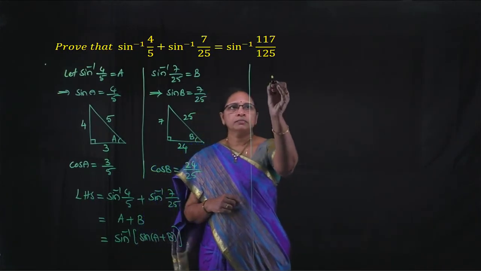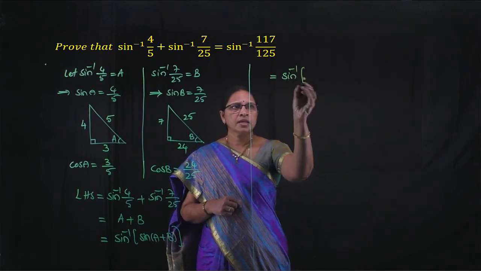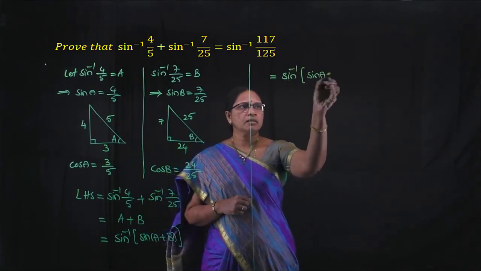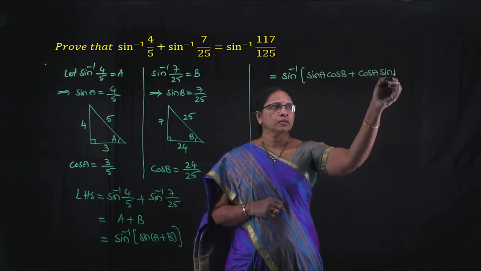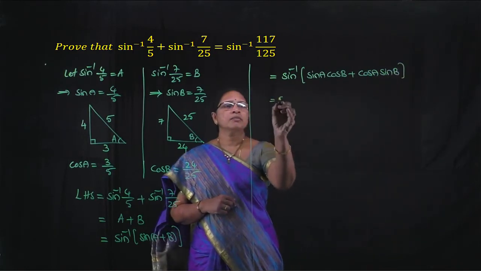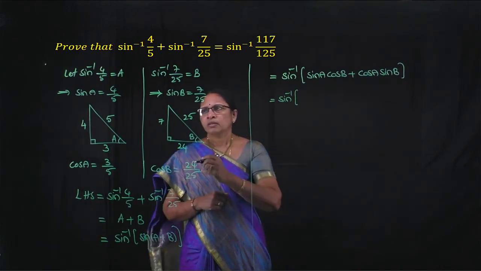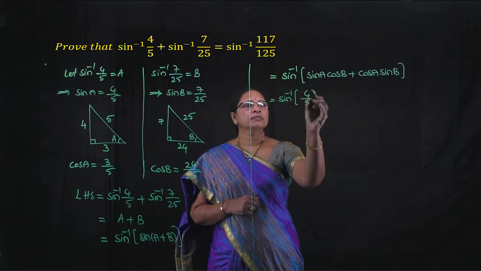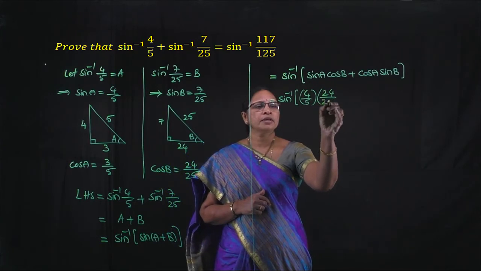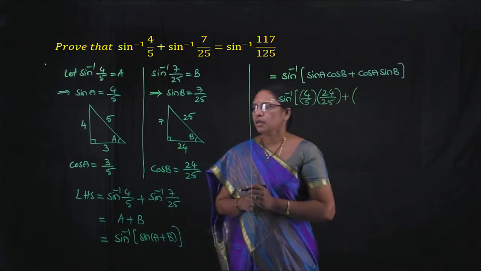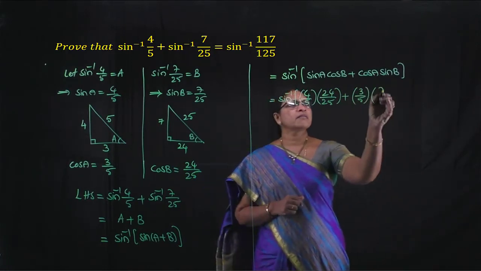That equals sine inverse of sine A cos B plus cos A sine B. Here the value of sine A is 4 by 5, cos B is 24 by 25, plus cos A is 3 by 5 and sine B is 7 by 25.